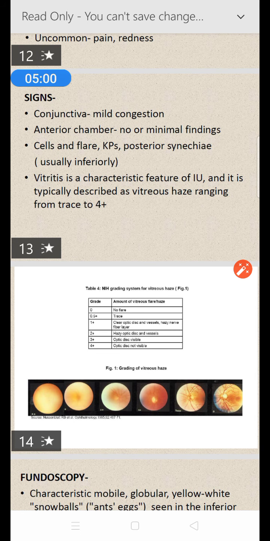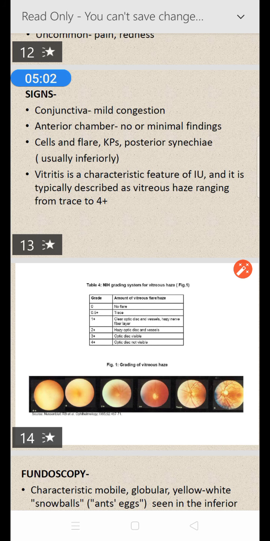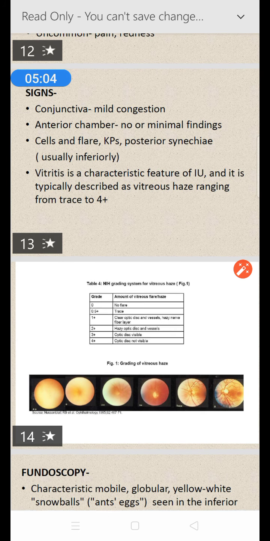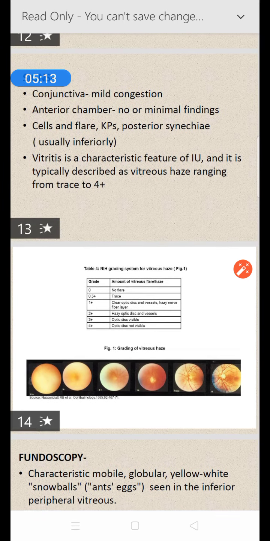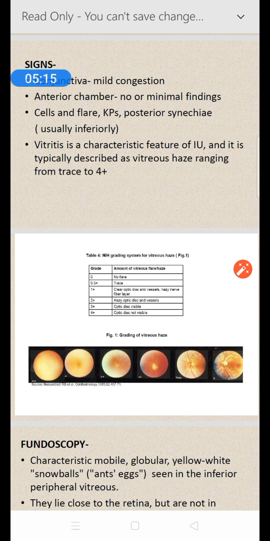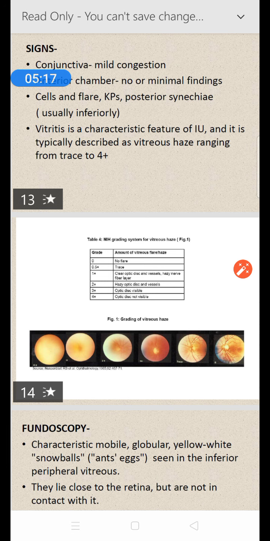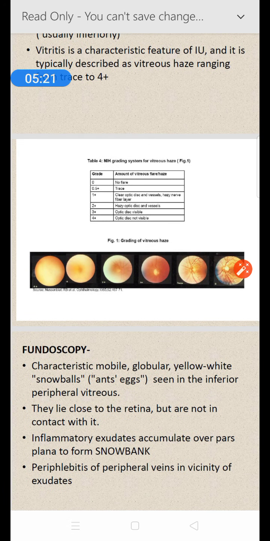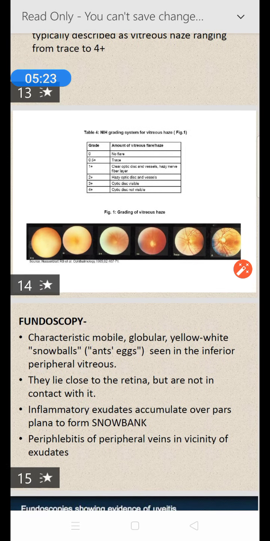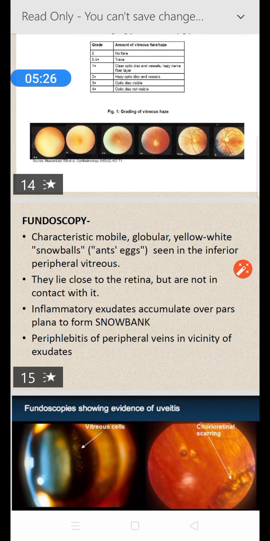When you look at the vitreous, you usually find vitritis, which is a characteristic feature of intermediate uveitis. As with the aqueous layer, even vitritis you can grade or stage 1, 2, 3, 4 plus depending upon the haze. Kindly go through the diagram and table given.